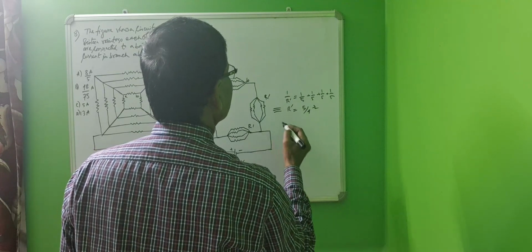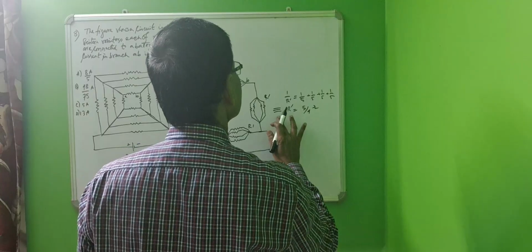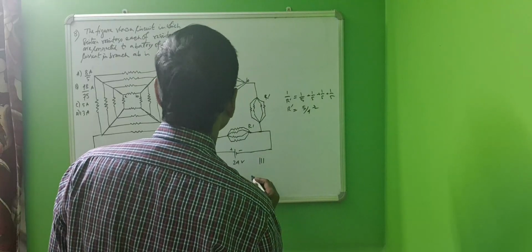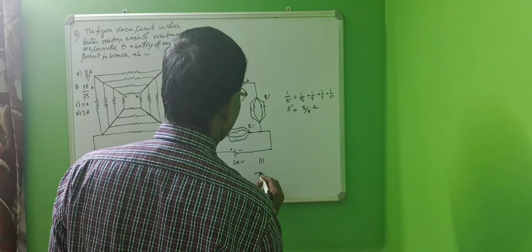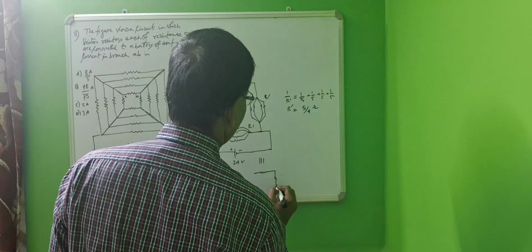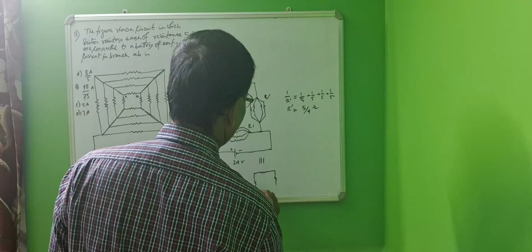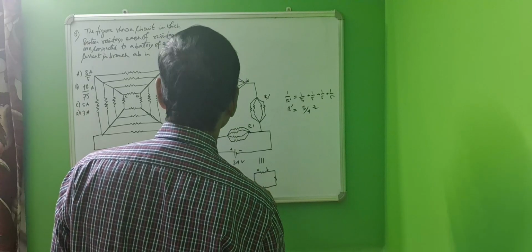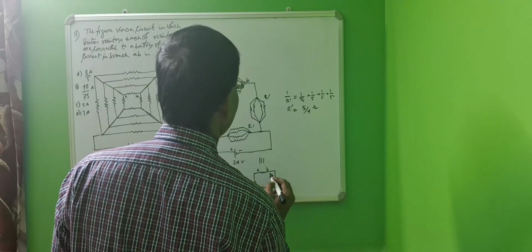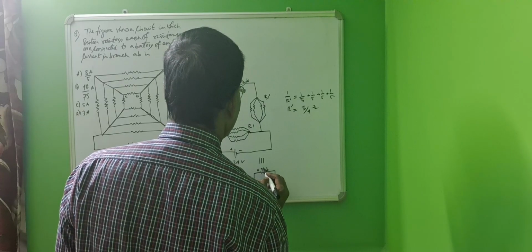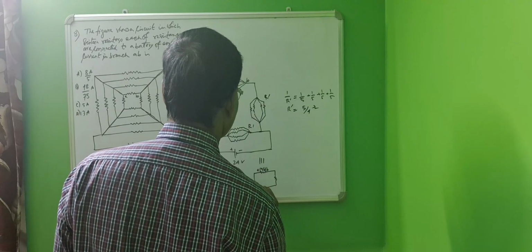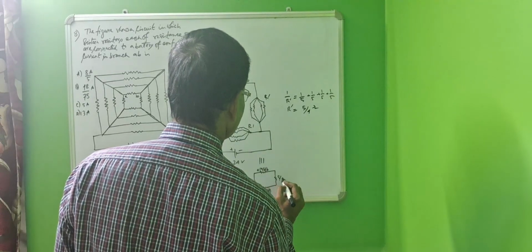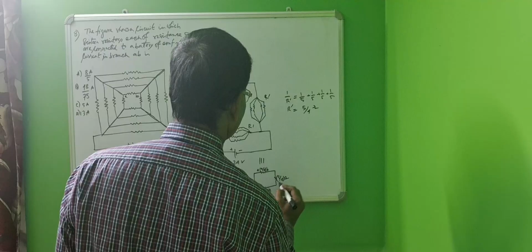So the equivalent resistances can be shown as 5 by 4, 5 by 4, 5 by 4, 5 by 4 ohm.